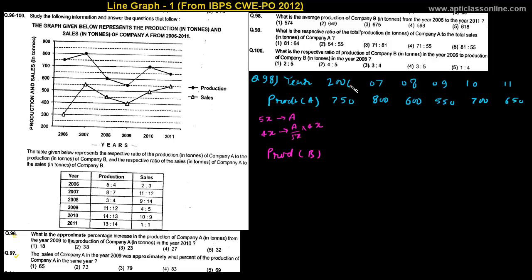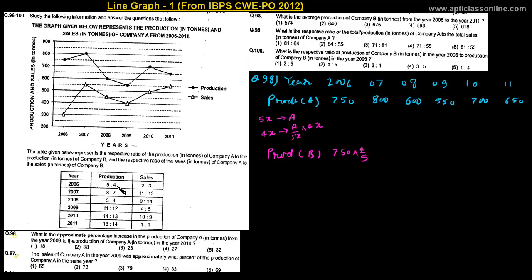For 2006, since the ratio is 5:4, the production for B is 750 multiplied by 4 by 5.